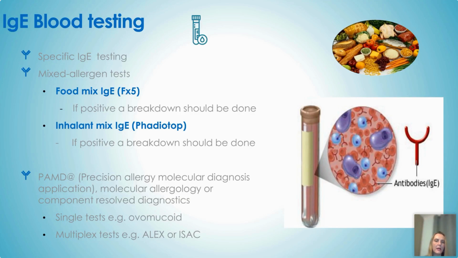And then we have the inhalant mixed IgE, which is also known as the Phadiatop, and if it's positive, a breakdown should be done. Then we have the precision allergy molecular diagnostic application, or molecular allergy or component resolved diagnostics, which is all the same term for the same type of testing, where we have the single test, for example, the ovomucoid, or multiplex testing, for example, the ALEX or the ISAC.